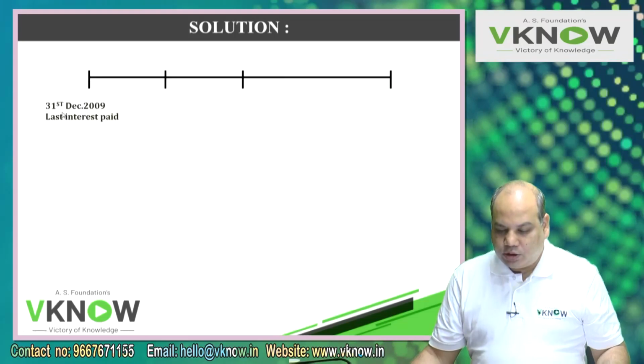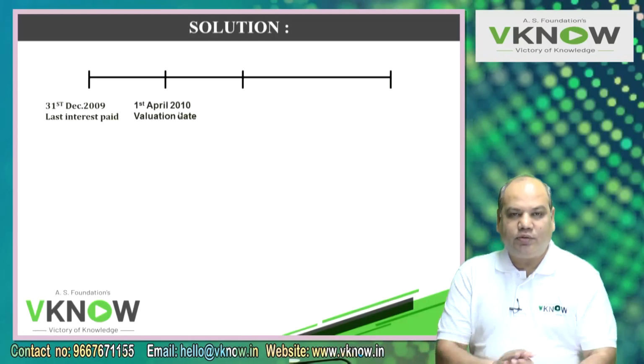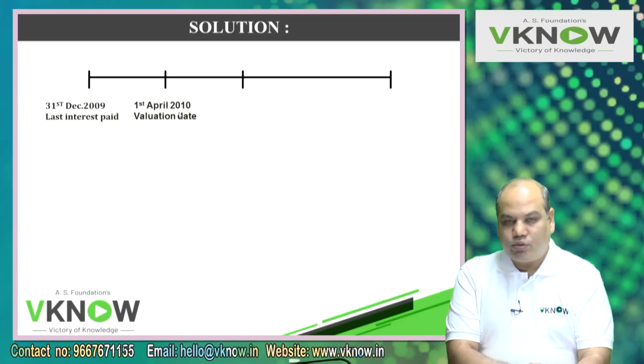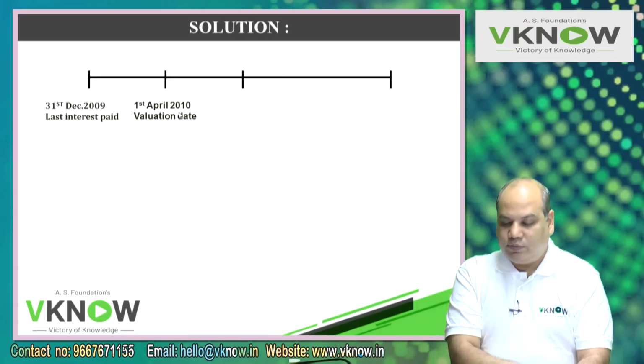So I will call it last interest payment date, 31/12/2009. And the most important date is this one. I have to value the bond on 1st April 2010. The question has asked you to find out the clean price, dirty price and accrued interest on 1st April 2010.